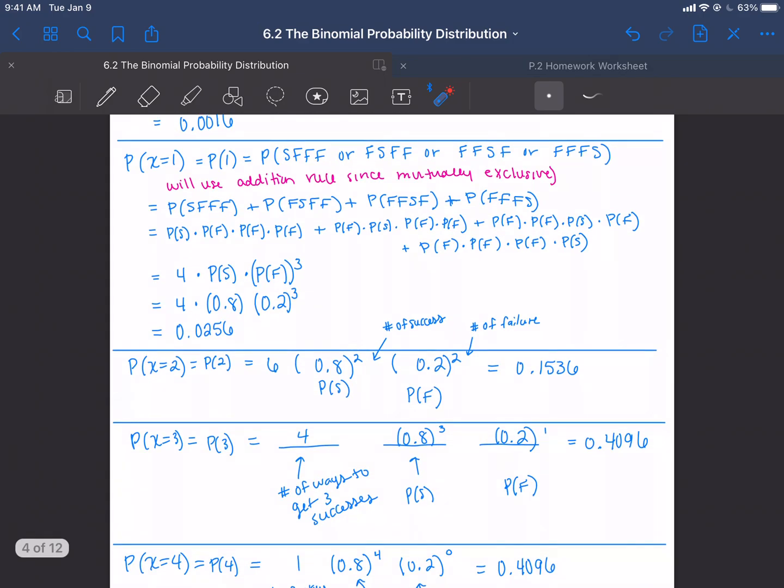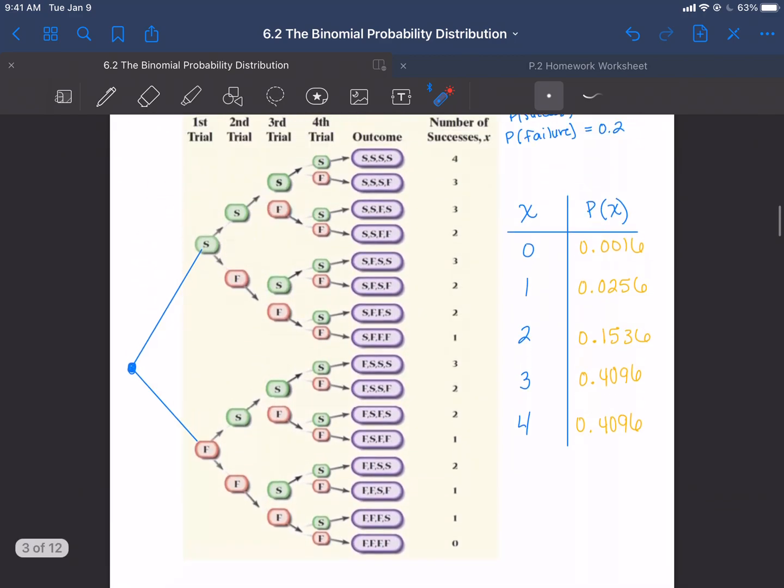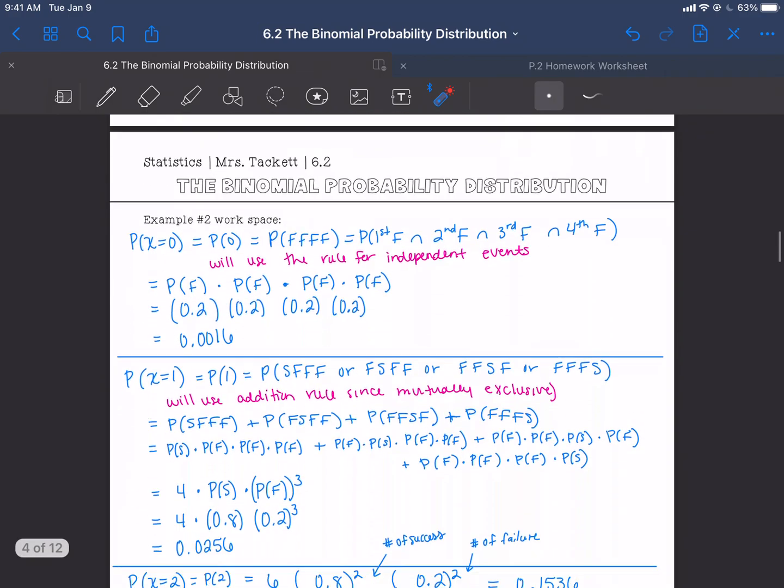Okay, you can see here we're kind of working our way towards the formula we're going to work with. Here we're finding the probability that the number of flights on time is equal to 2. Well, if you look, there was 1, 2, 3, 4, 5, 6 times that occurred. So there's 6 different ways that could happen.